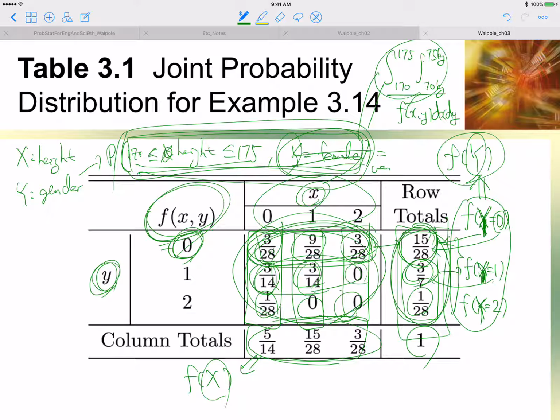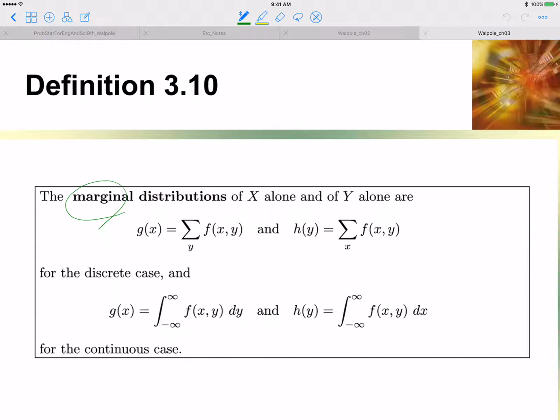So the meaning is that even though x and y happen together, we only consider y regardless of x, and we consider the probability of y being 0, and this probability will be summing up all the probabilities of different x values, but still y being 0. So that way we compute the probability of y being 1 regardless of x. Such a type of probability distribution is called the marginal distribution.